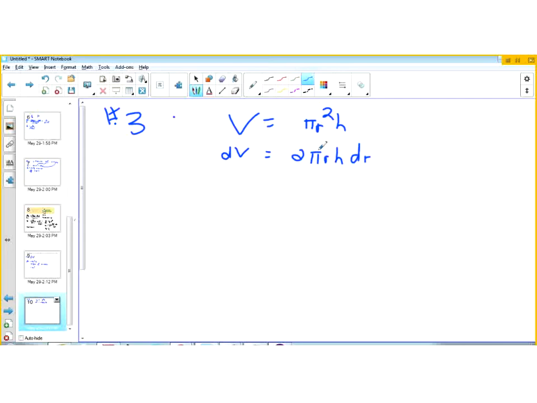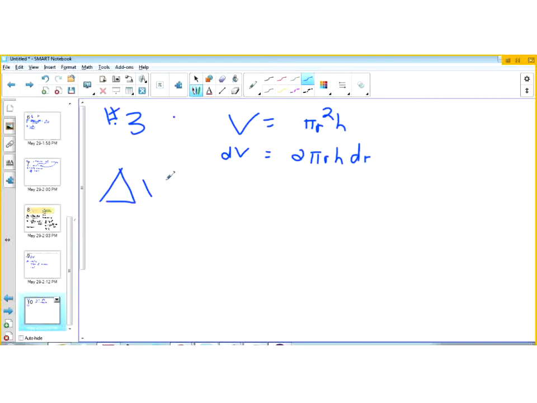Now, what is the error between the true volume and this change in the volume?